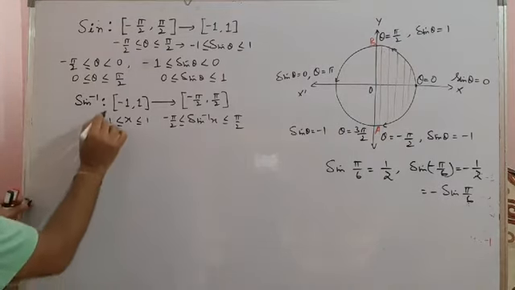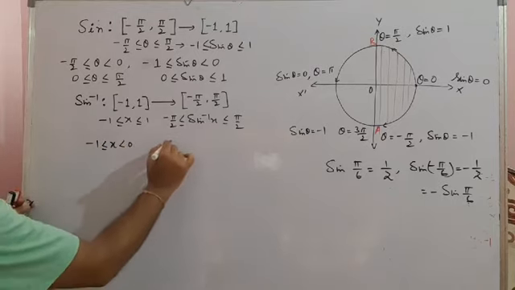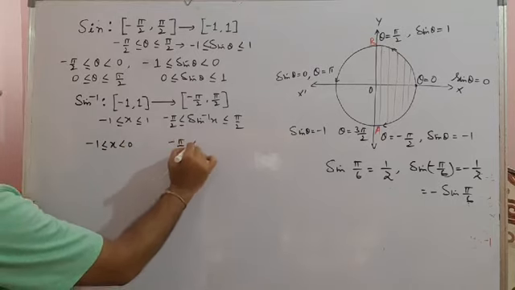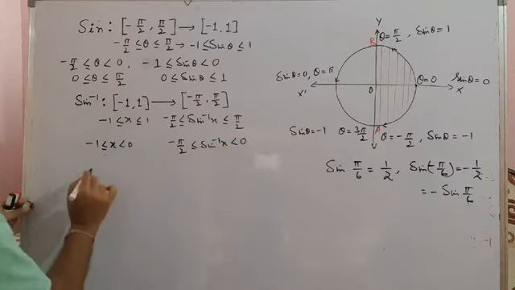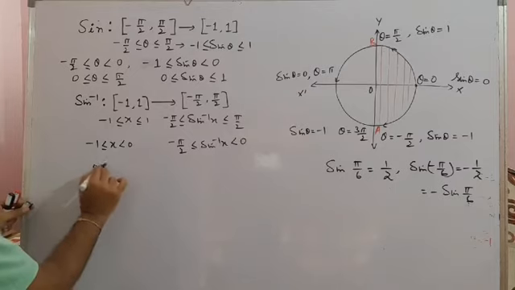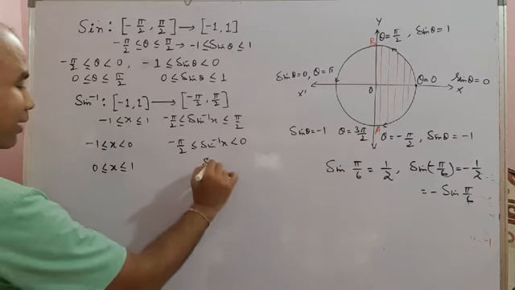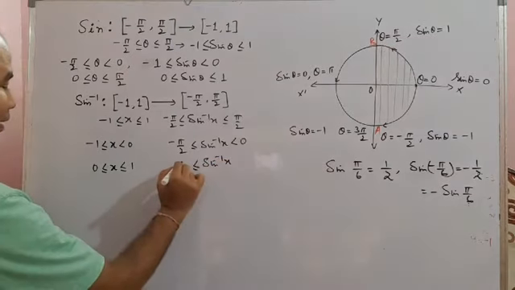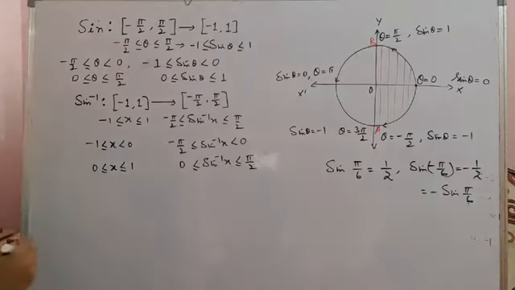When your x is like that, then your sin inverse x will be an angle between this one. And when your x is greater than or equal to 0 and less than 1, then your sin inverse x will be greater than or equal to 0 and less than or equal to pi by 2.